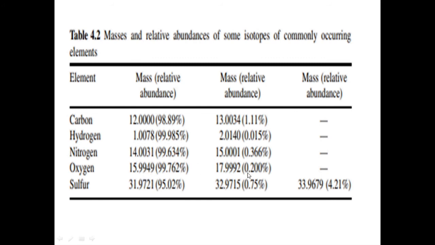These are the mass and relative abundance for each particular isotope, and this is the ratio in 2 mass units.